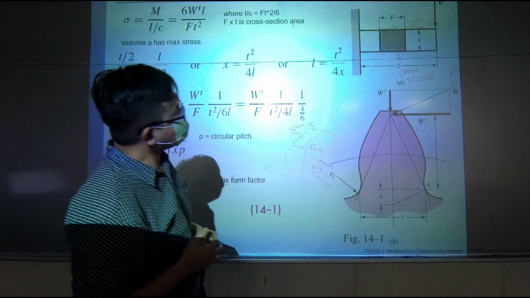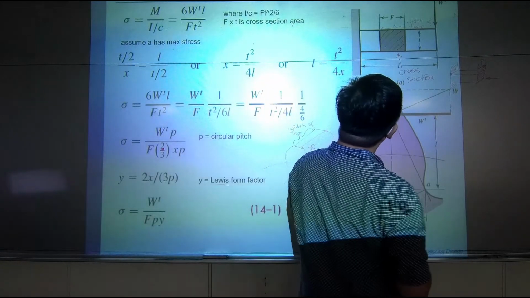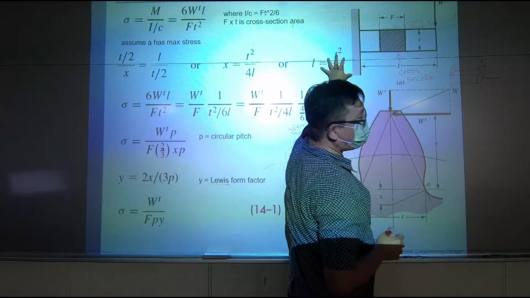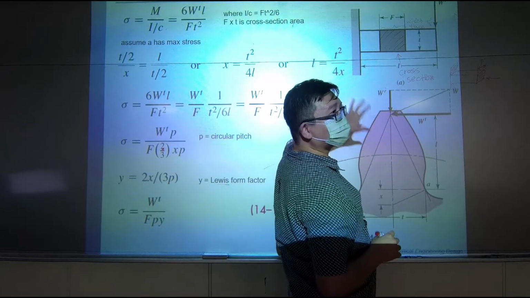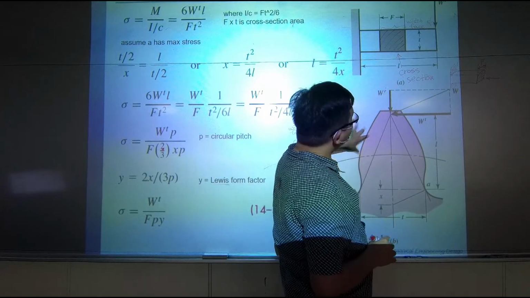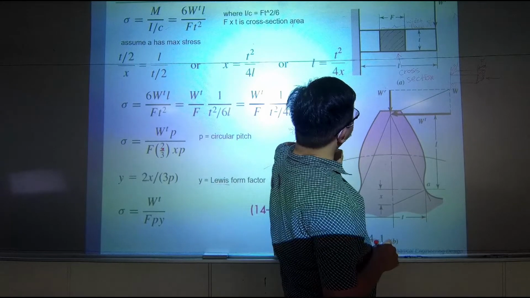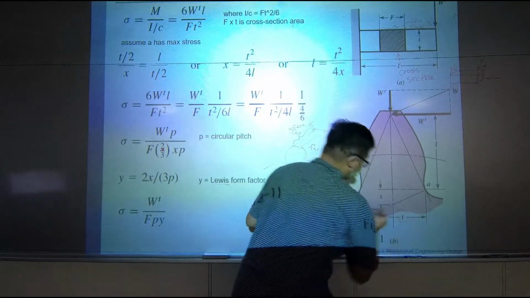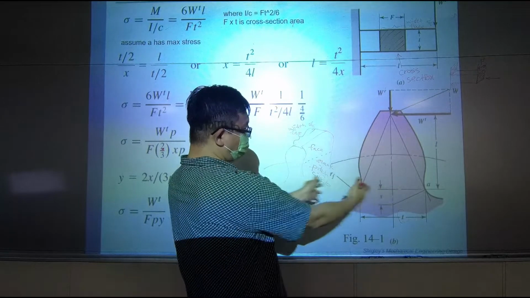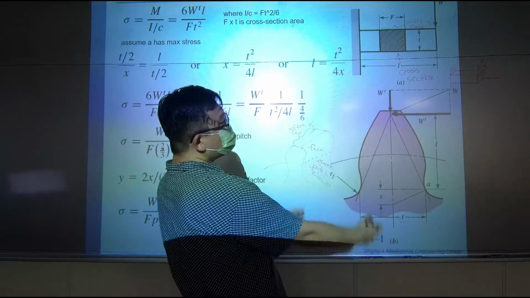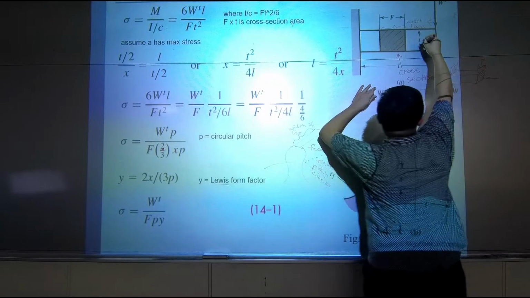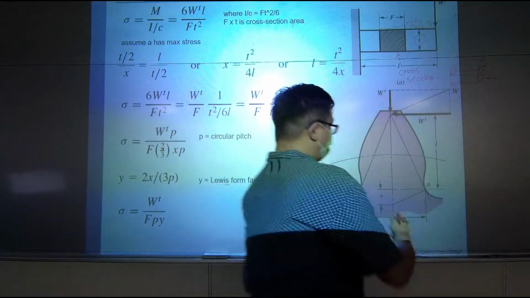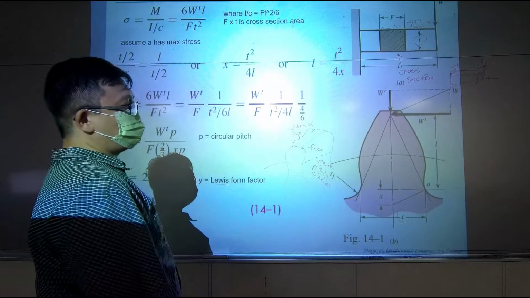Okay? So this is a simplified model of the complex tooth, and you can tell from here that there's a T right here. It's telling you how wide this tooth is, and that's why in this model he used the same width.